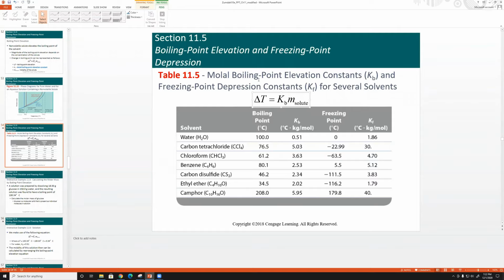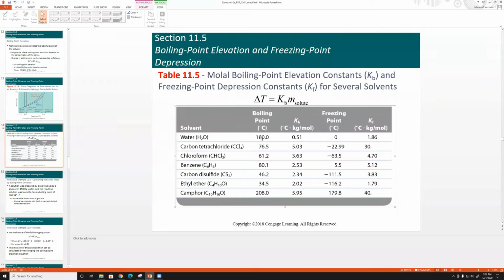Boiling point elevation means that if you have a pure solvent, let's say pure water, the boiling point is 100 degrees Celsius. If you make salt water, you add salt into that water, it will decrease the boiling point. Or sorry, it will increase the boiling point.